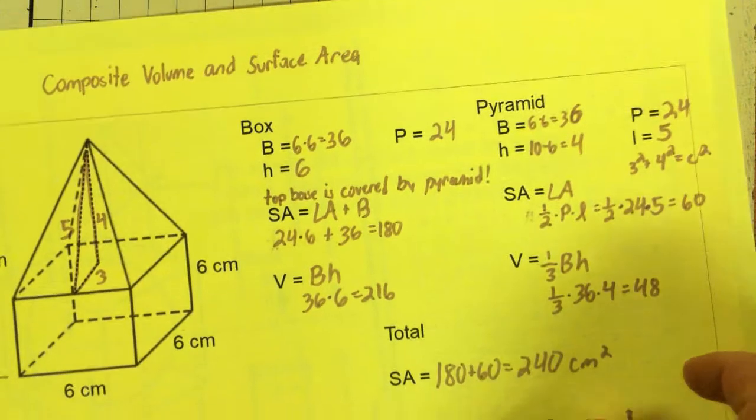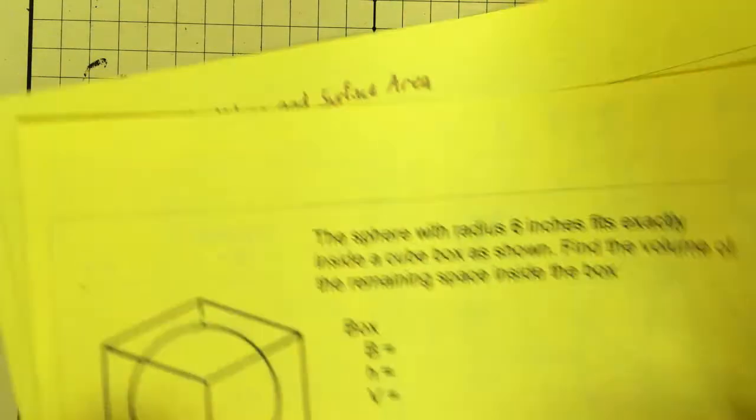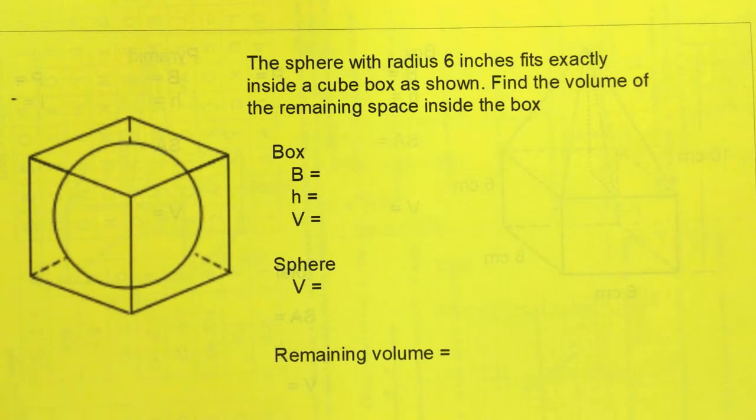Next example that I would like to go over is this one. You have a sphere with a radius of 6 inches that fits exactly inside a cube as shown below. Find the volume of the remaining space inside the box.